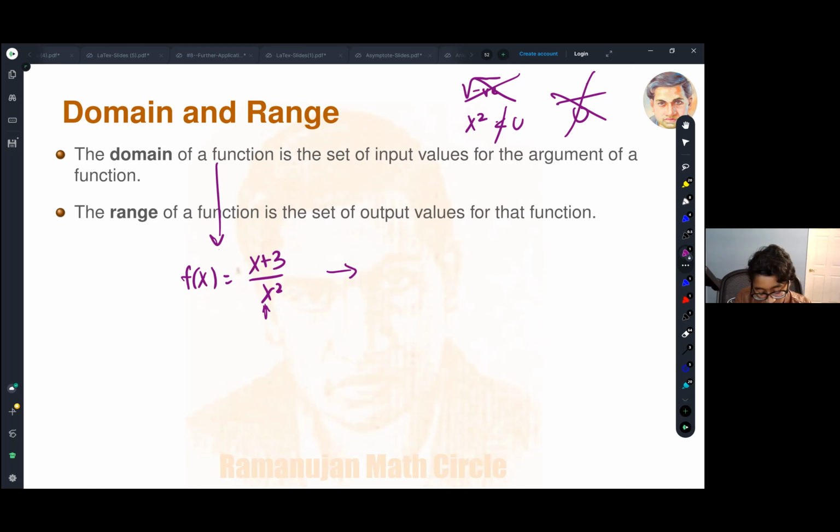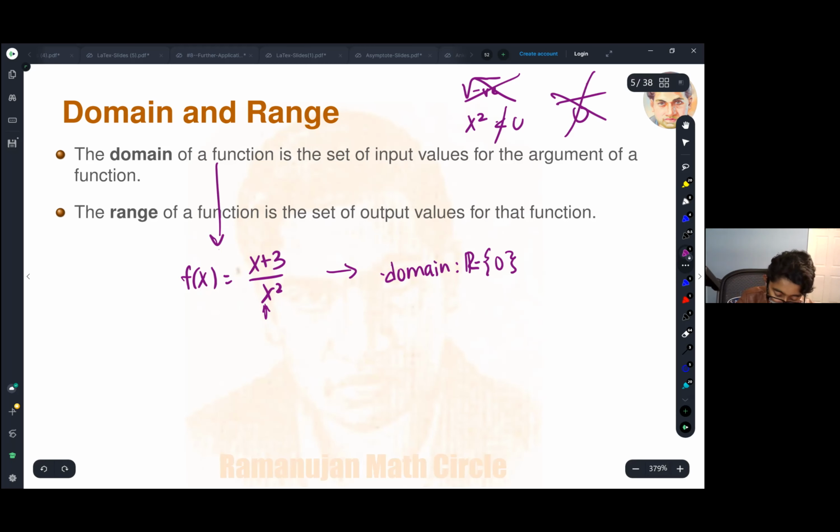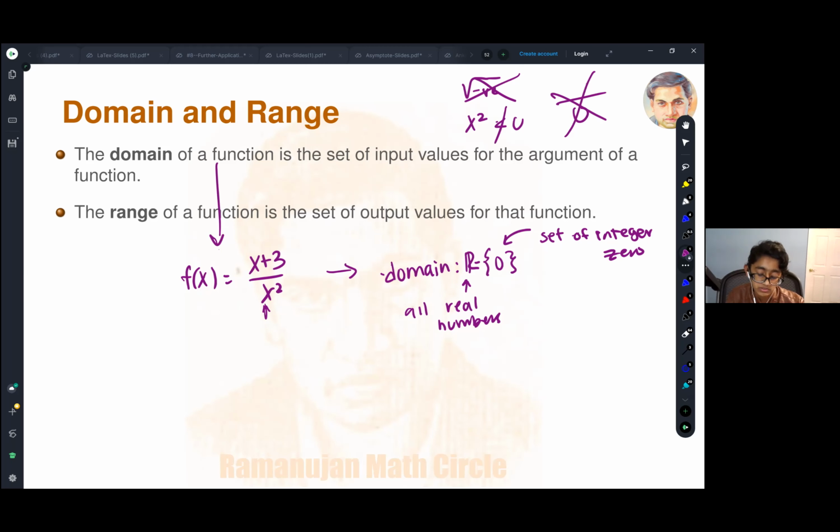So what we can do is we find our domain, and that's equal to R minus {0}. R is all the real numbers, and this just represents the set with 0 in it.